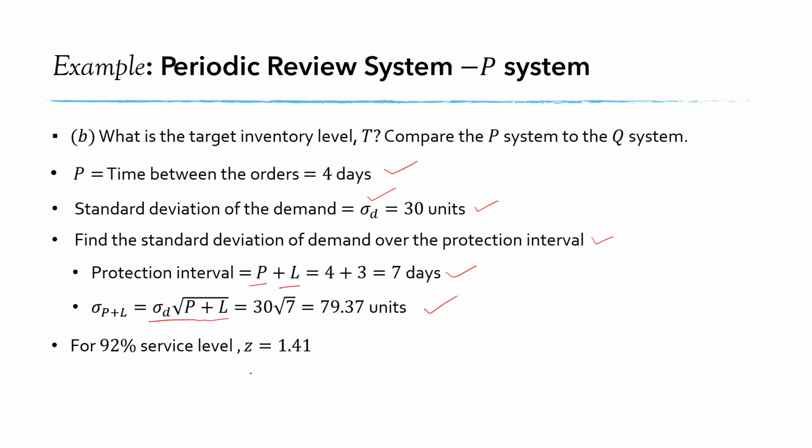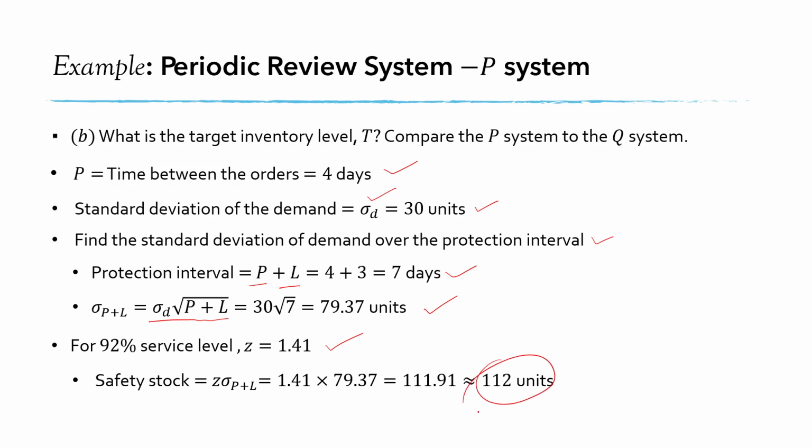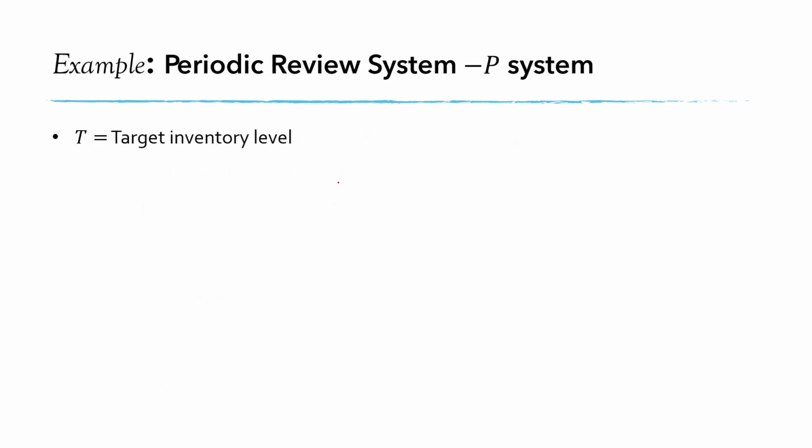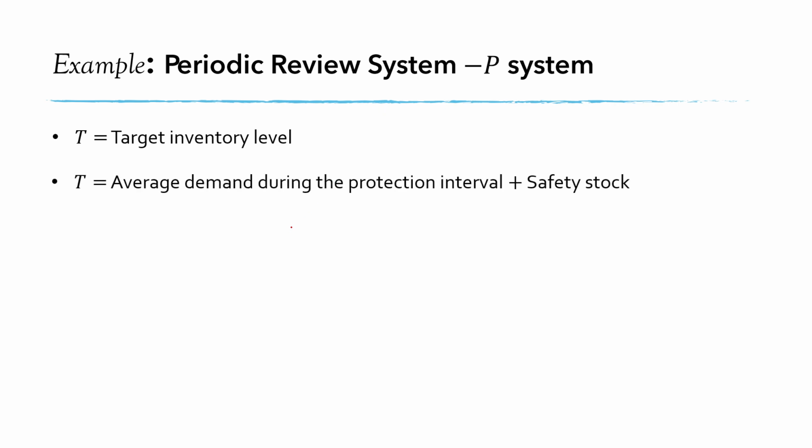We know that for 92% service level, the value of Z is equal to 1.41. Using the value of Z and protection interval standard deviation, we can calculate the safety stock. The safety stock value comes out to be 112 units. Once we have that information available, we can calculate the target inventory level T. The formula for target inventory level is equal to the average demand during the protection interval plus the safety stock.